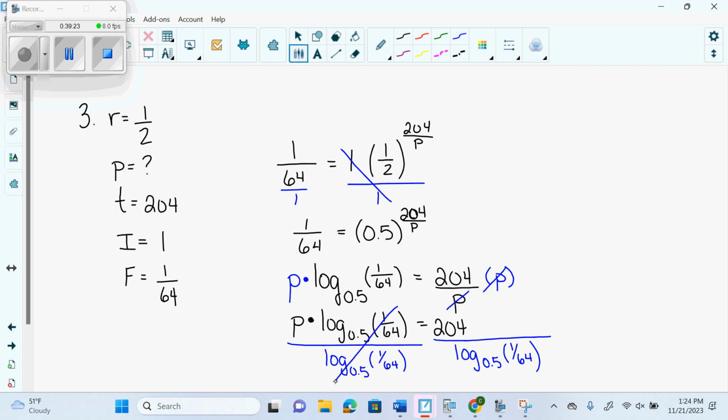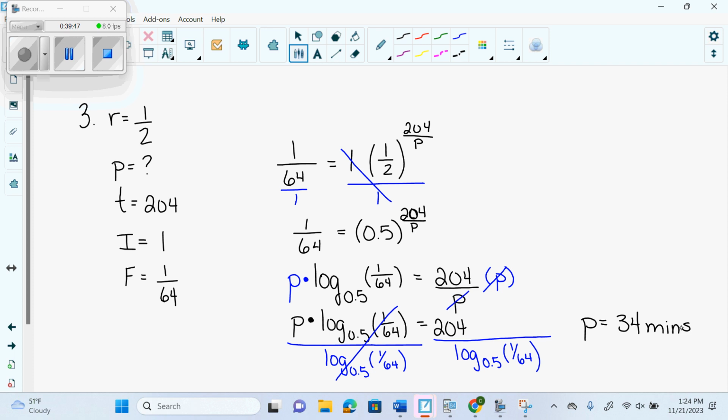So everyone's trying it on their calculators. You need to make sure you can do it with yours. And I get 34. 34 what? T and P have to be in the same unit.